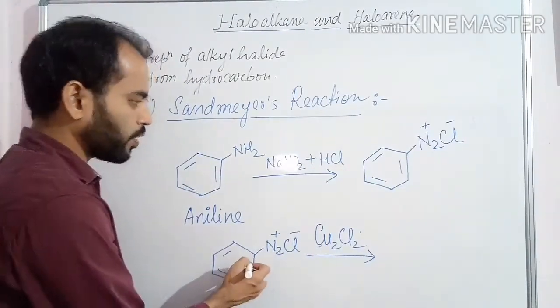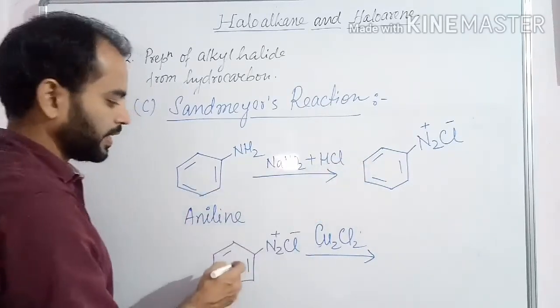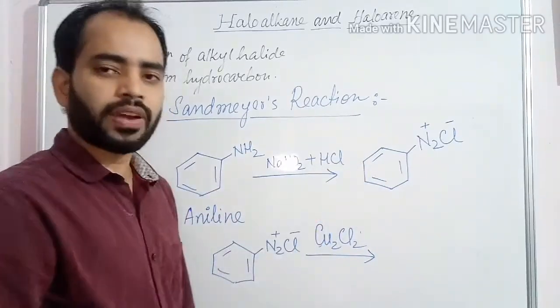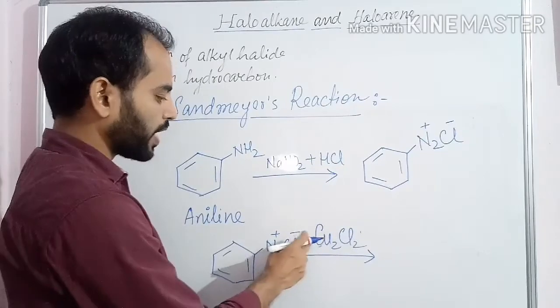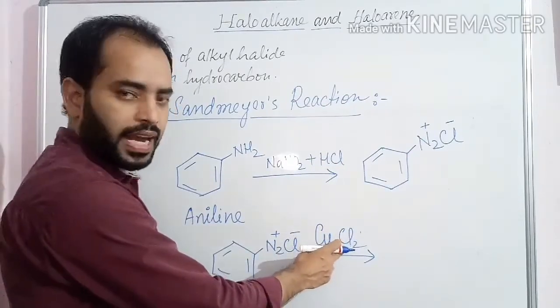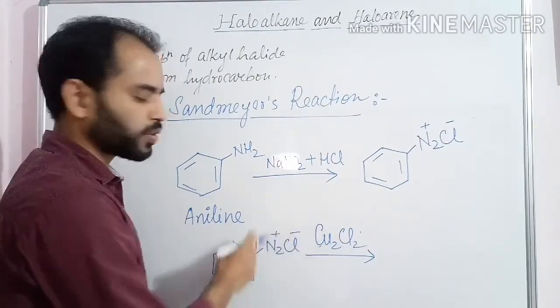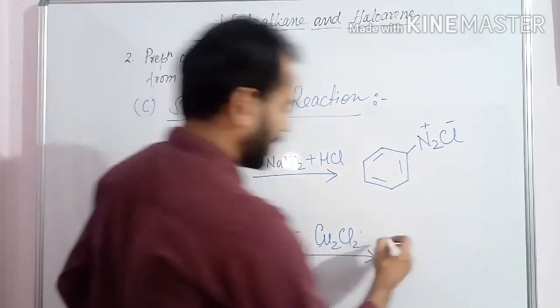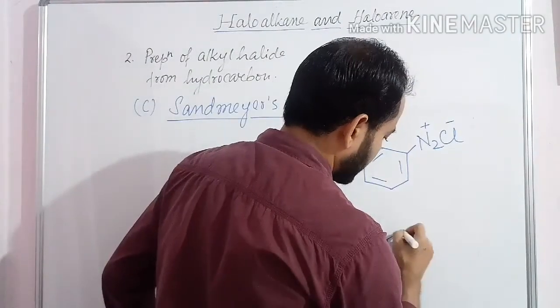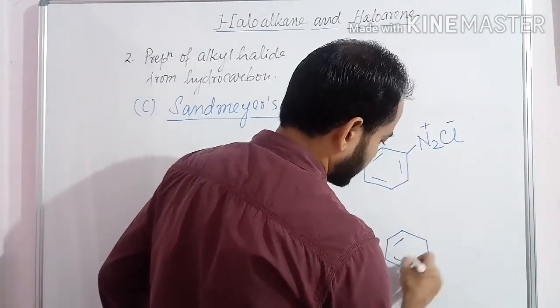When this diazonium salt is reacted with cuprous chloride, one chloride ion replaces the diazonium group and forms aromatic halide.